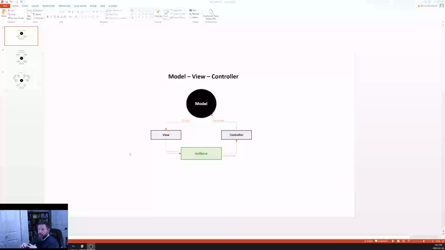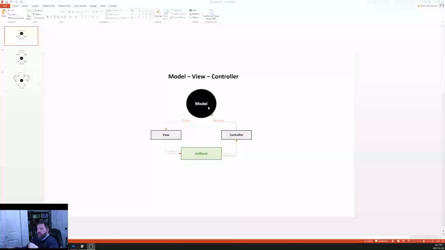The second component is the view component. The view component is what we like to think of as the feedback system of the user interface. So the model displays through the view to the user or the audience. The final component is the controller component. The controller component is the way that we interact with the model. So we interact with the controller, and the controller will manipulate the model.